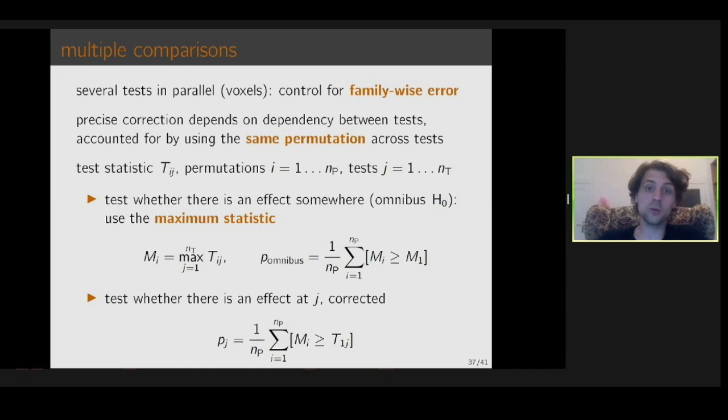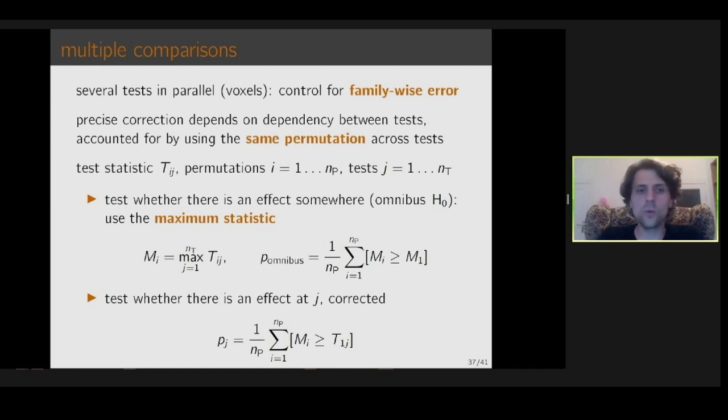And precise correction of the FWER depends on the dependency between tests, which in permutation testing is accounted for by using the same permutation across tests. So if you're choosing a random subset of all the possible permutations, it has to be the same in all the voxels or channels which you apply the analysis to. So let's say that Tij is the test statistic calculated from voxel j using permutation i.